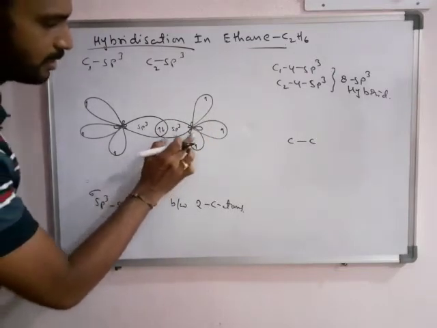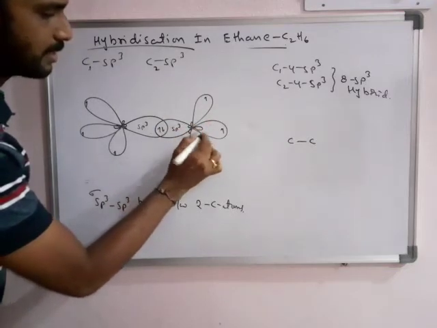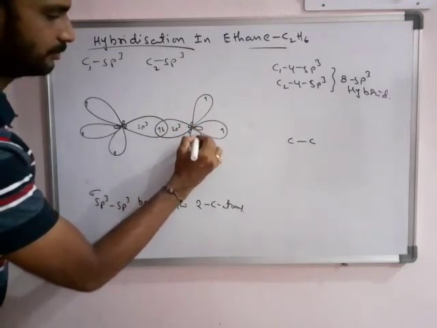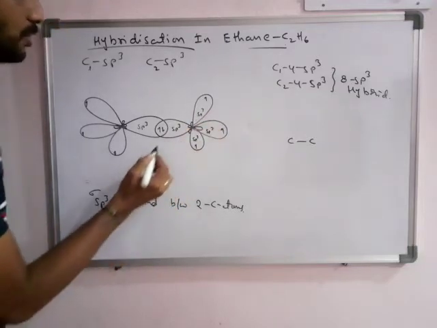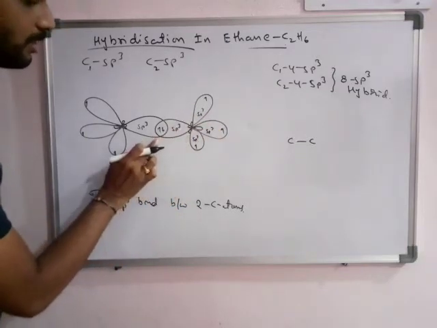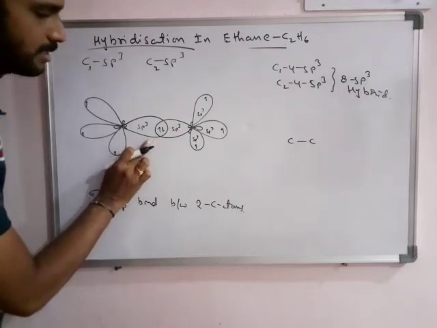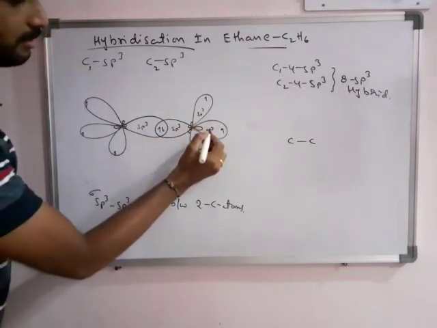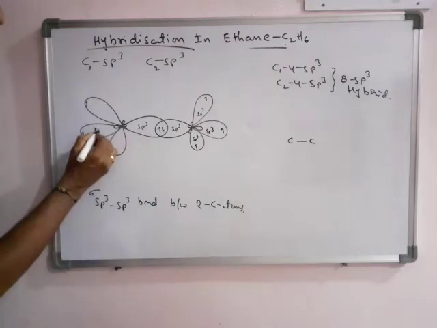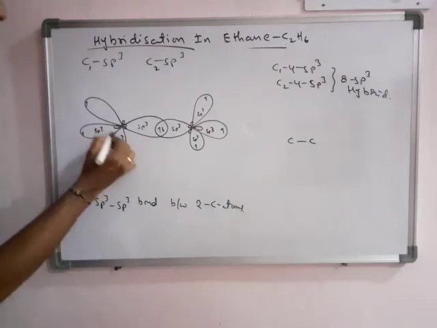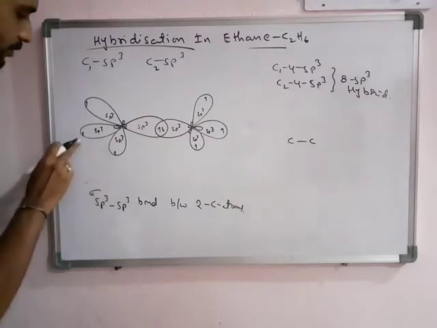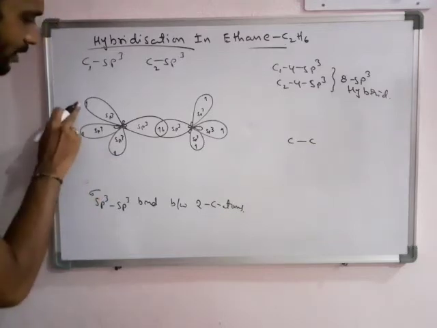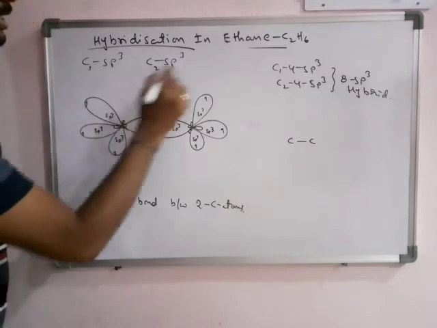Okay. Let's see the remaining total. How many are remaining? This carbon has 3 sp3 remaining. There are 4 sp3, one already involved in the sigma bond formation with the other carbon's sp3. Now it has 3 remaining. Here also there are 3 remaining sp3 hybrid orbitals which are ready for bond formation as they are having unpaired electrons. Now there are 6 hydrogens.